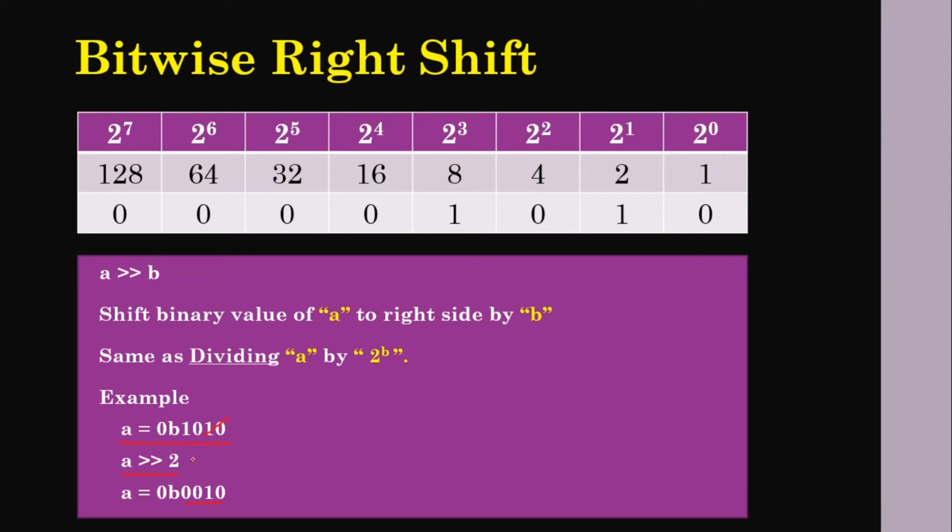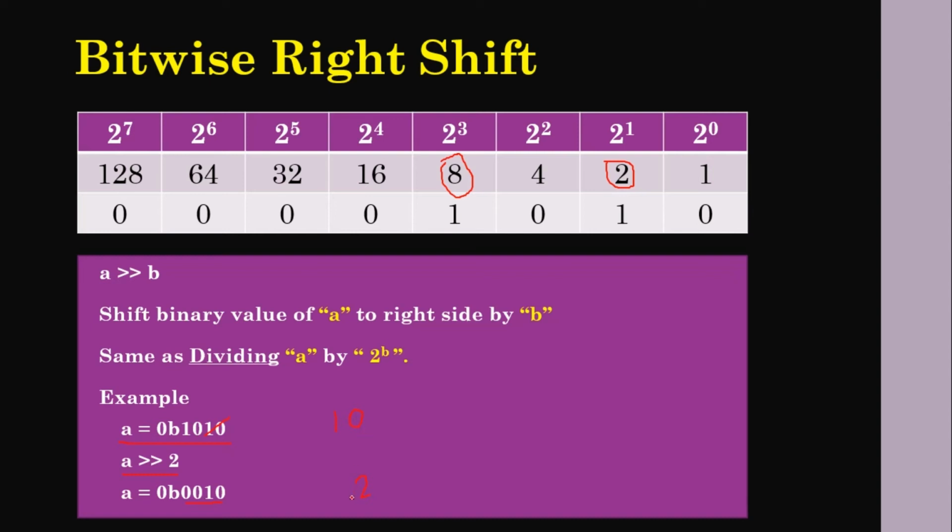Now if I shift by 3, then three digits will be discarded and here we will have three zeros. Now if you observe this value, 1010 is 10, you can see here it is 8 and 2, so the number is 10 in decimal. Now if I shift it 2 times, we have a value of only 10, which is 2. So our answer is 2.